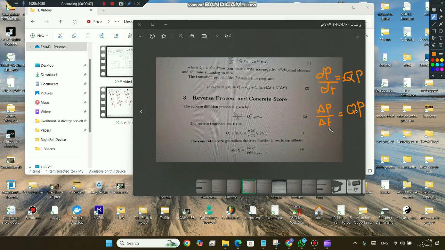What if I now move delta t to the other side? Then delta p, which is the change in the probability, will equal Q times p times delta t.